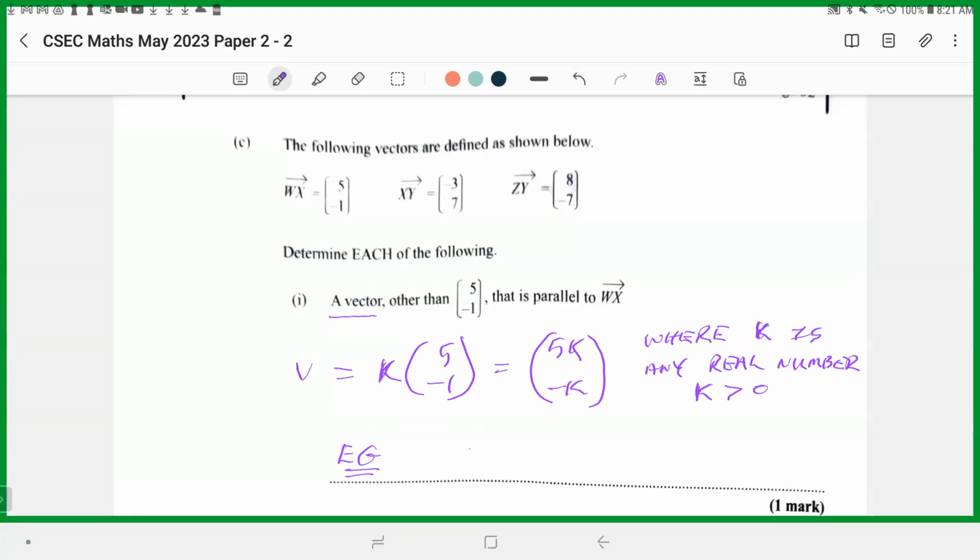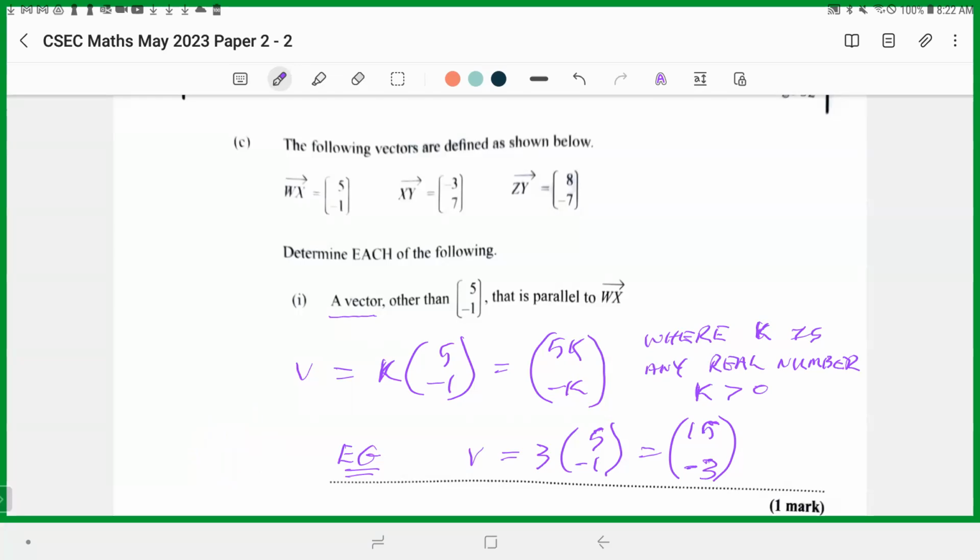The parallel vector v would be 3 times (5, -1), which should be (15, -3). I think most persons would just use 2. 2 does sound like the natural number to use, and it would be (10, -2) in that case. But I'm just using 3, times any real number that is greater than 0.